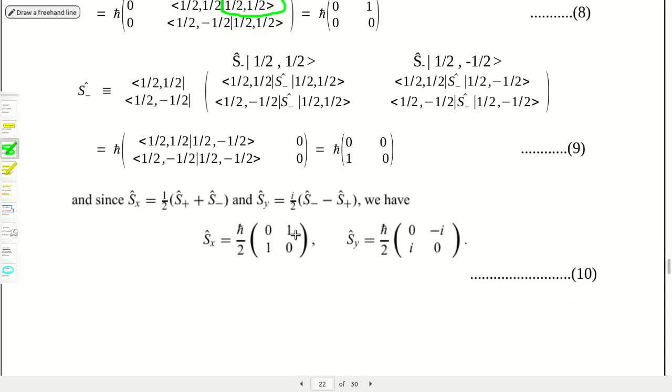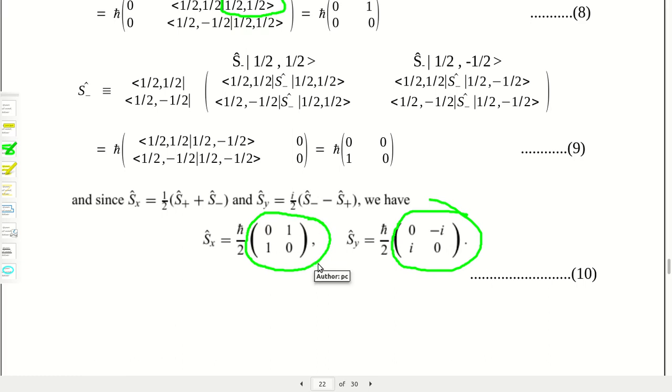Similarly, the Pauli spin matrix corresponding to the x coordinate is this, and corresponding to the y coordinate is this. So we have three Pauli matrices, denoted by sigma.